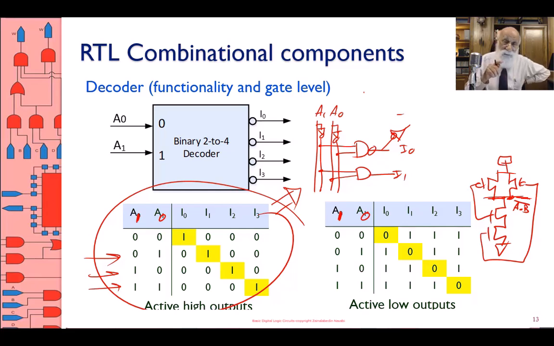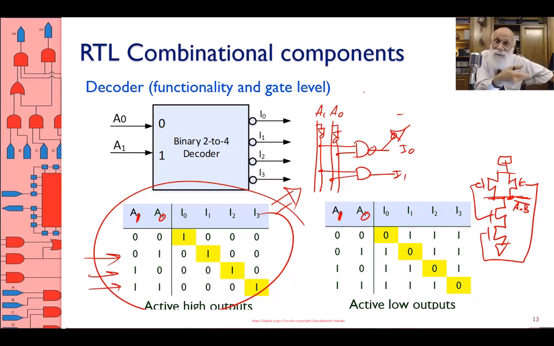I'm going to say, well, instead of taking the NAND and then inverting it, why don't I just change the meaning of the output? Instead of saying the light turns on when the output becomes 1, I say the light turns on when the output becomes 0.